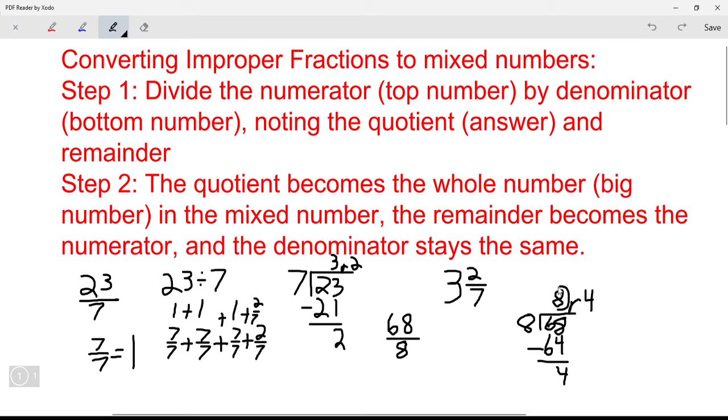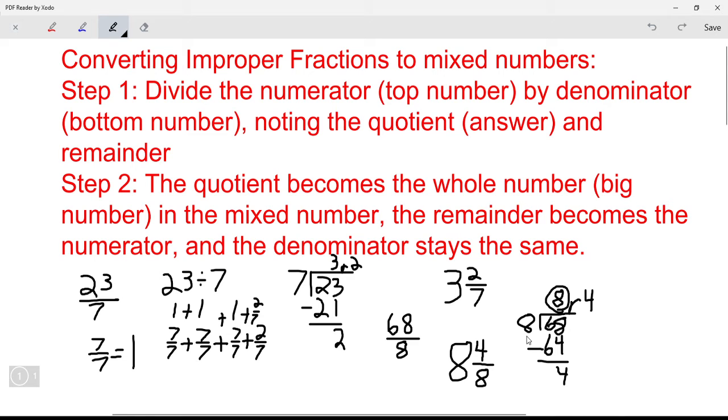The quotient becomes the big number. The remainder becomes the numerator. The denominator stays the same. Or, I believe this is the divisor.